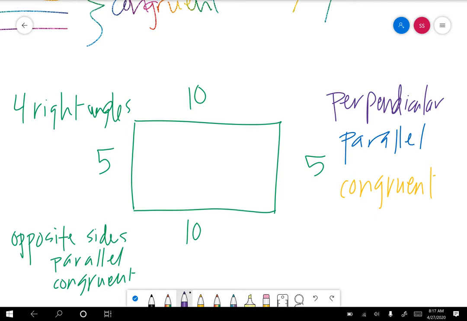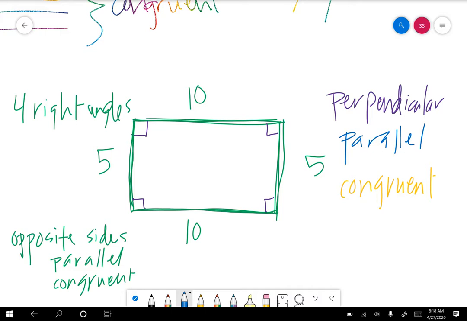And to show that on the figure, we would draw our little right angle symbols. Okay, so this is saying that, let me get back to green, this line right here is perpendicular to this one. This one is perpendicular to this one. This is perpendicular to this, and this is perpendicular to this. Okay, so we have 4 right angles, 4 sets of perpendicular lines.